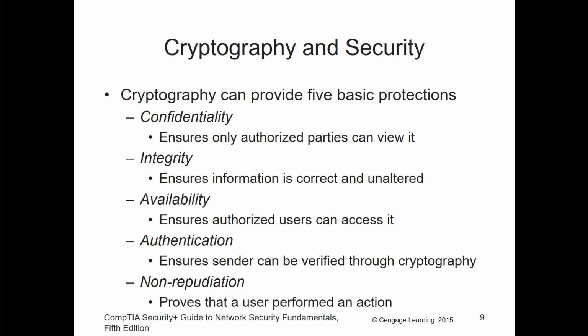We have to add in 2 more for cryptography. Authentication, and this ensures that the sender can verify through cryptography, typically, that they are who they say they are. Non-repudiation, and that basically proves that the user performed the action.